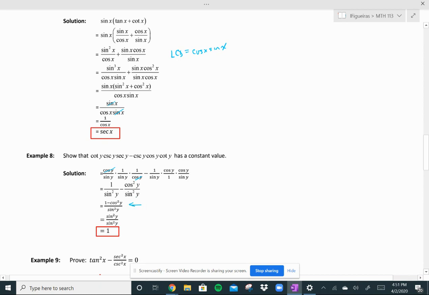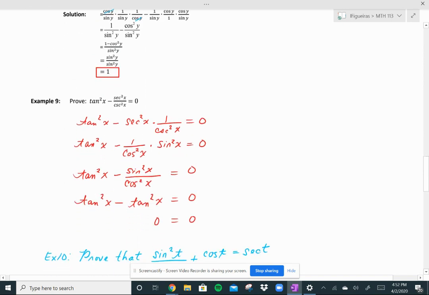But similar to what I explained before, we know that 1 minus cosine squared of y, if you manipulate the first Pythagorean theorem, that numerator equals sine squared of y, and therefore sine squared of y over sine squared of y, well, they cancel each other out, and the whole thing is equal to 1.